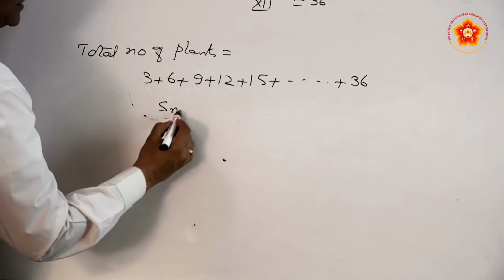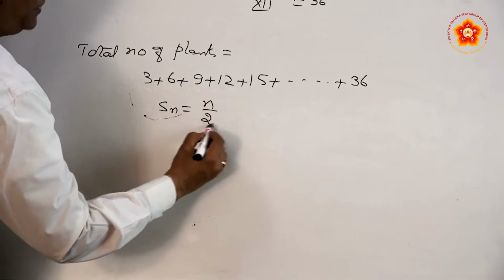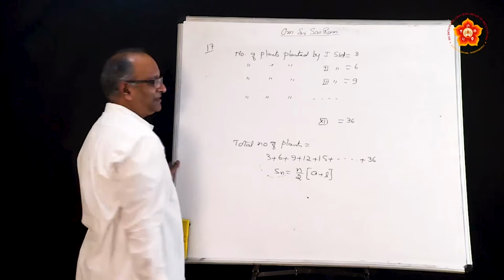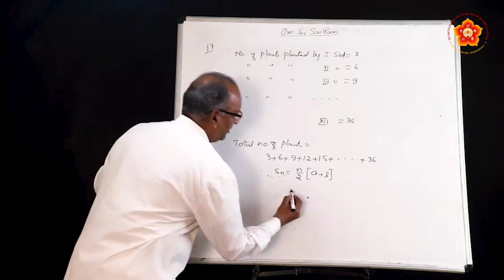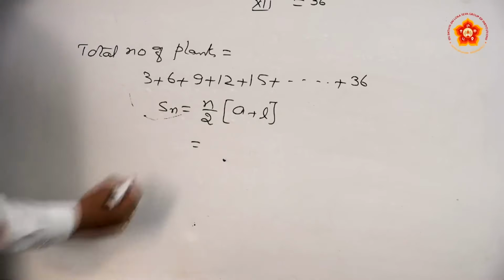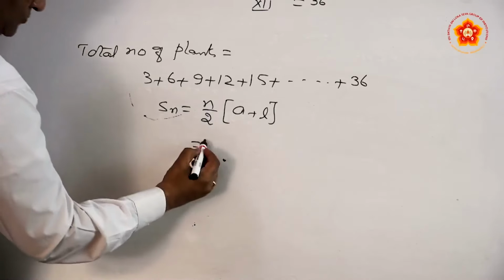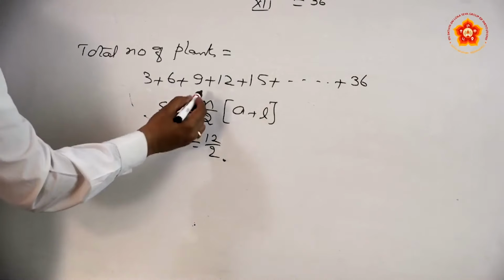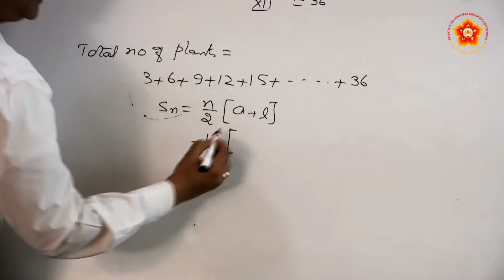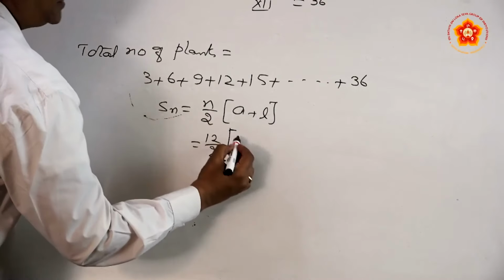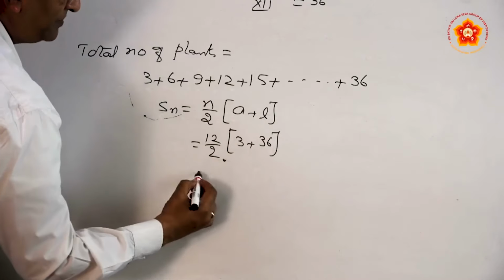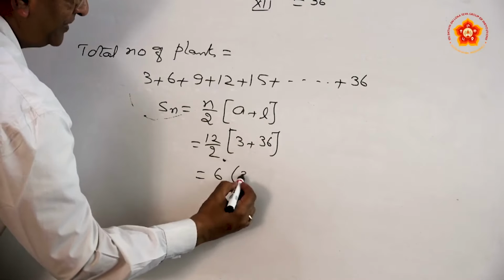When we know the last term, Sn is equal to n by 2 into (a plus L) or (a plus an), whatever you wish you can call it. N, number of classes, 12 by 2, there are 12 classes, or number of terms are 12. First is 3, the last is 36. So, it becomes 6 into 39.